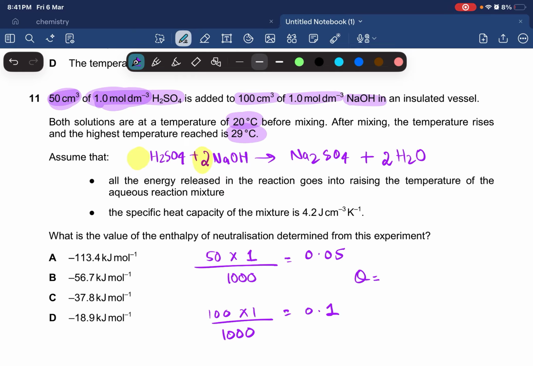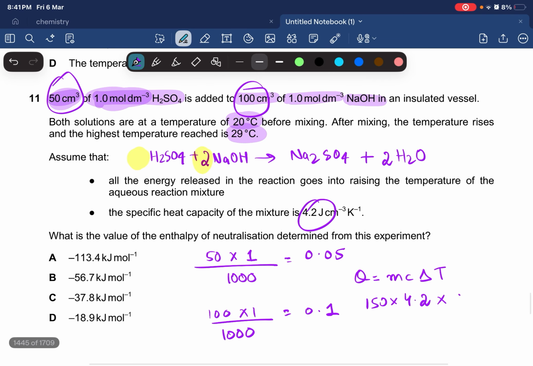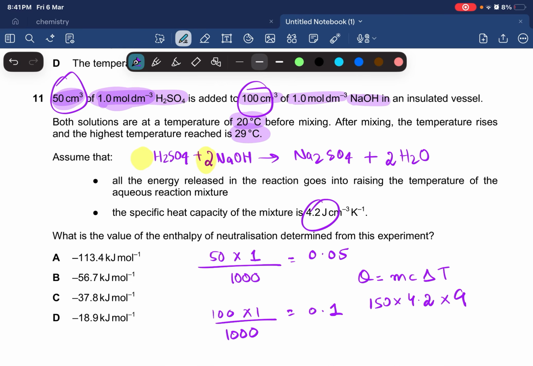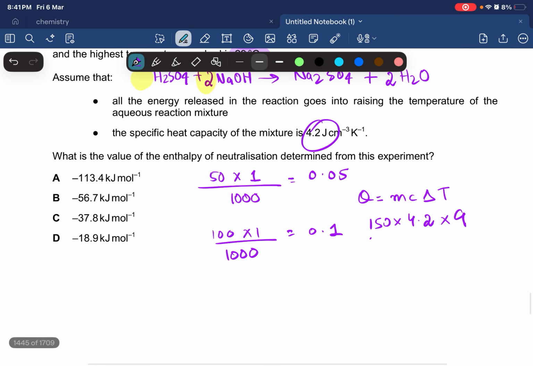Q equals MC delta T. The mass of the solution is going to be 100 plus 50, which is 150. C they've given is 4.2, times the rise in temperature, which is 9 degrees. And this is going to be divided by the moles of the limiting reactant.